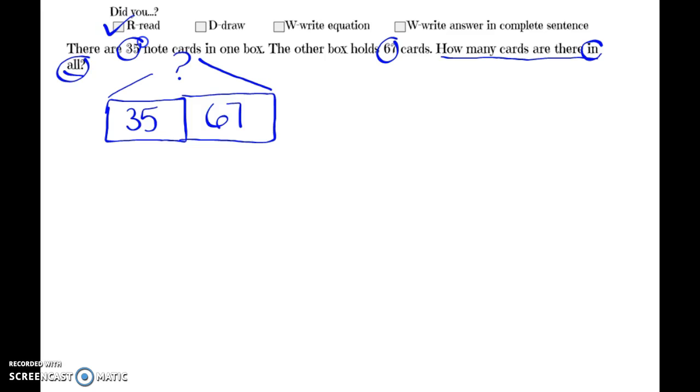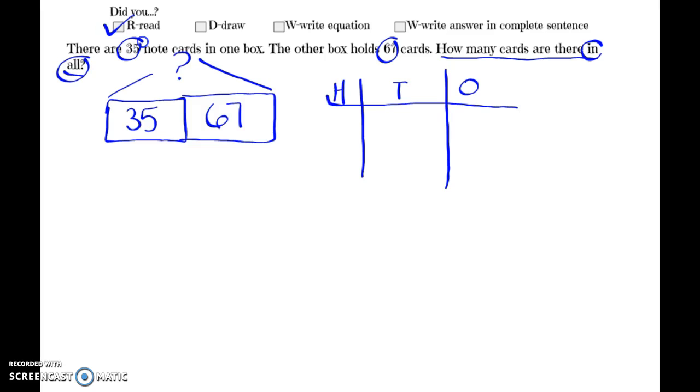Now to solve this, in Module 4, Problem 19, we have been using the place value chart and discs to create the problem. I'm going to draw my place value chart and label it ones, tens, and hundreds.